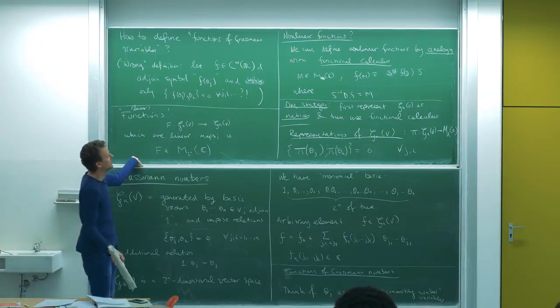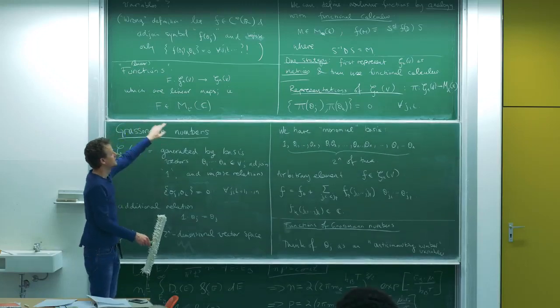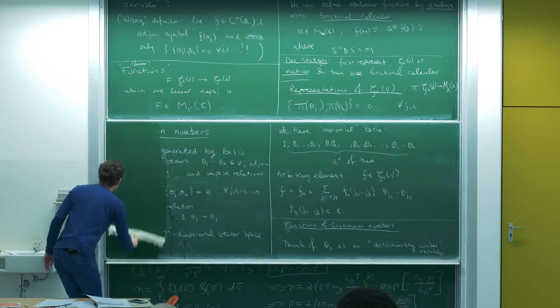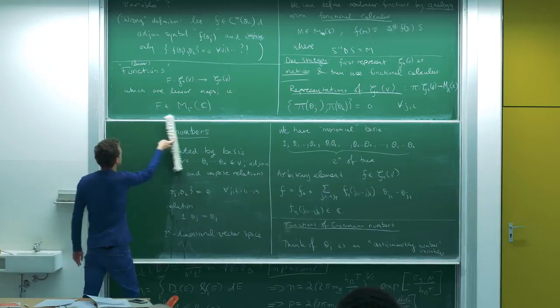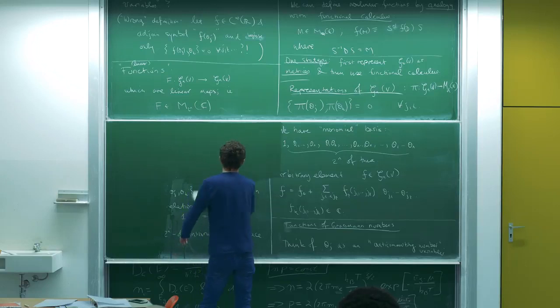With a little bit of work, you can extend these relations to work for all the Grassmann numbers and this representation to be a proper representation of this object.